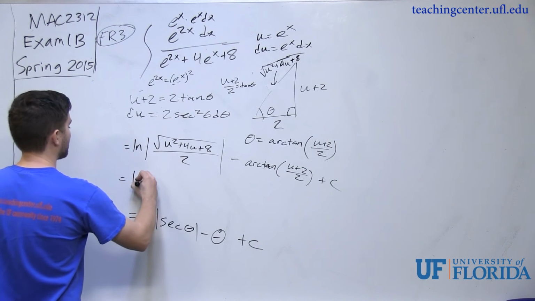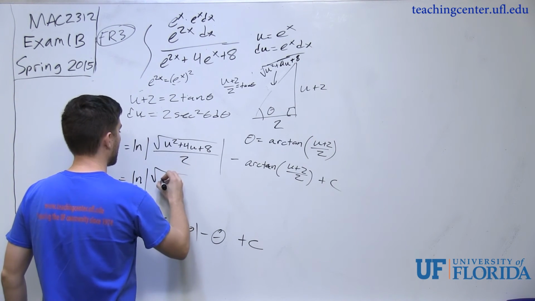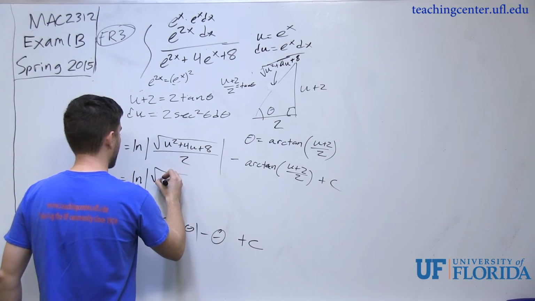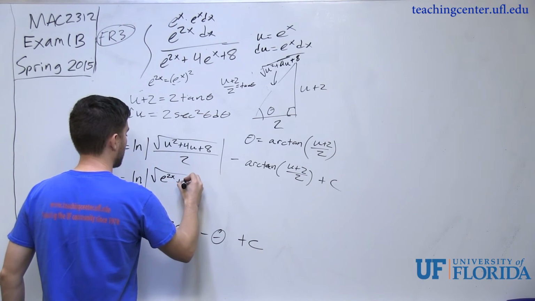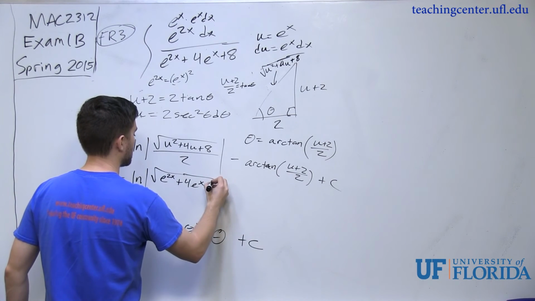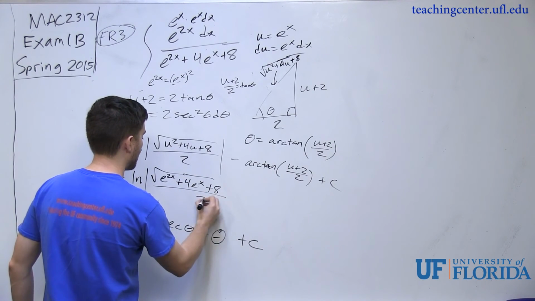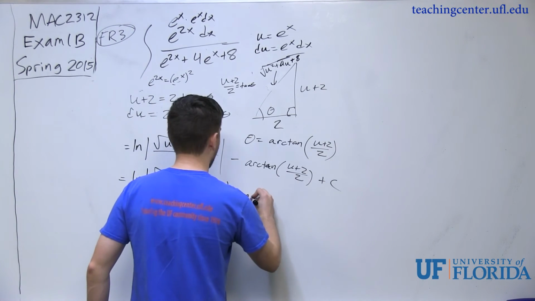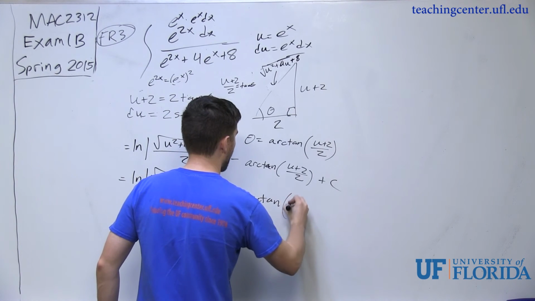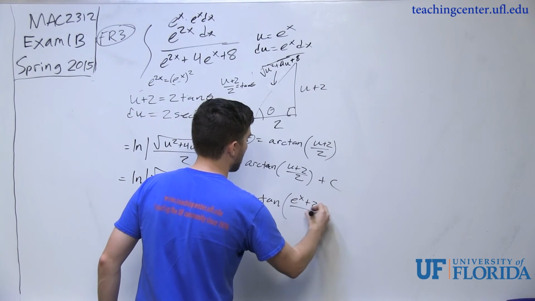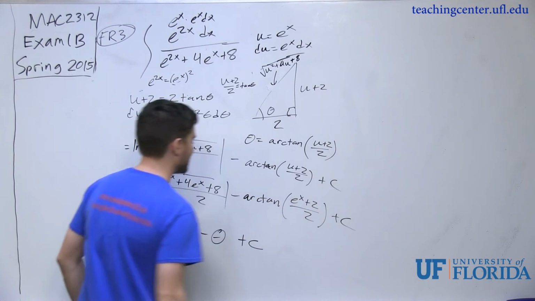So I end up getting natural log of square root of e to the 2x plus 4e to the x plus 8, over 2, minus arctan of (e to the x plus 2) over 2, plus c.